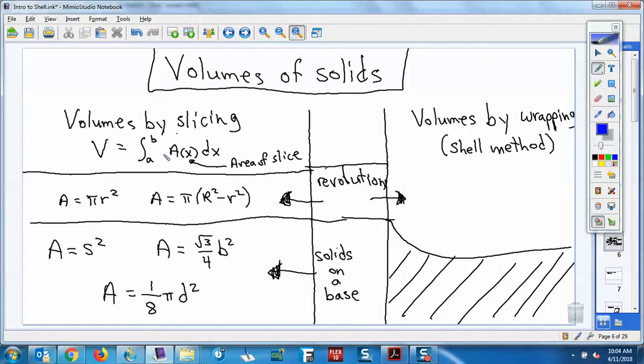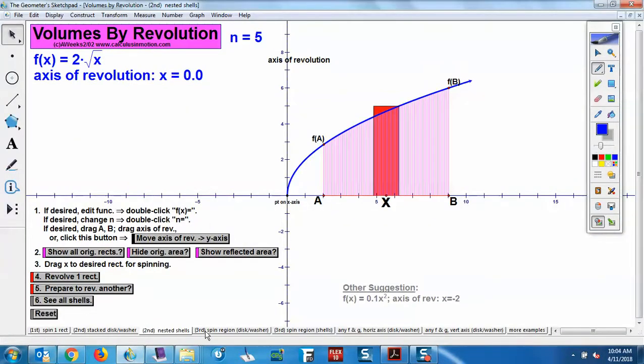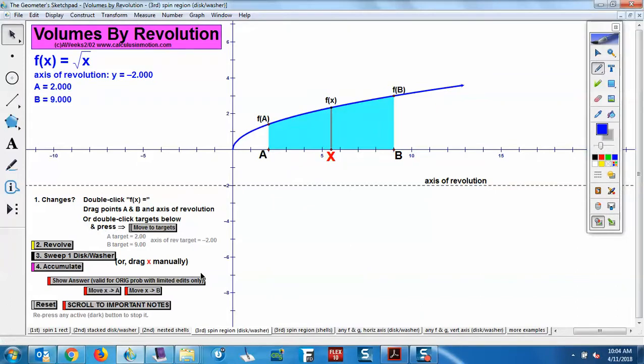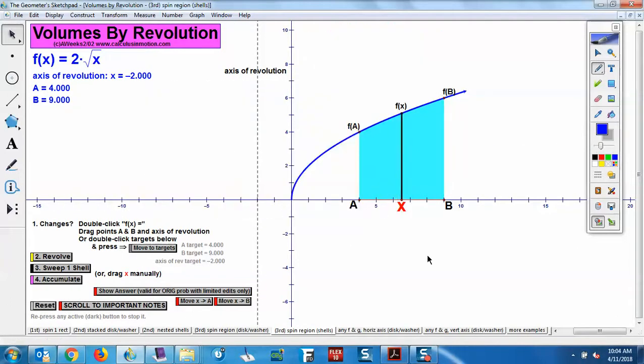All right. So we're going to come up with the formula for that. It would look something like this. If we had a region here, and let's go to this one. No, not that one. Let's go to this one. Okay, so if we had a problem something like this, and we were going to revolve this around this vertical axis, okay?